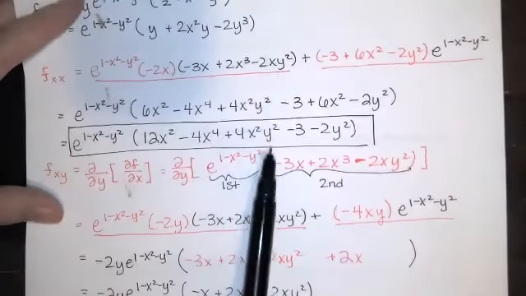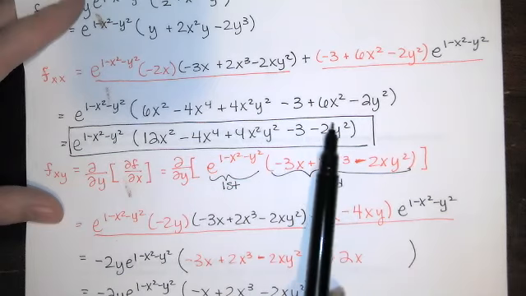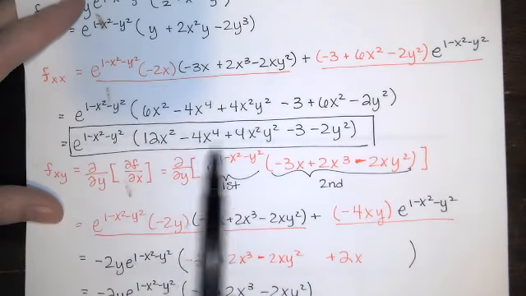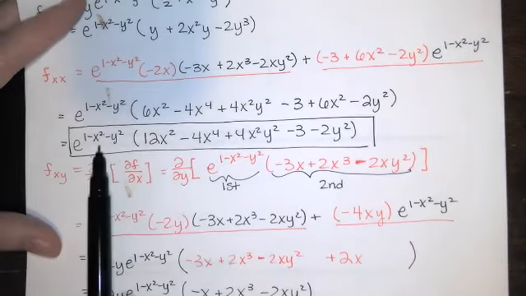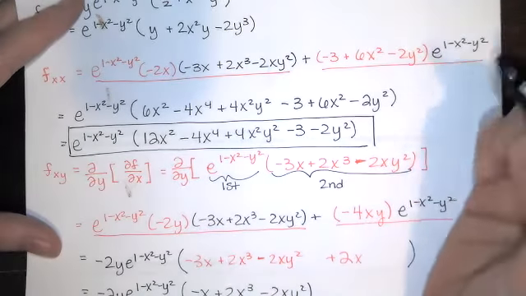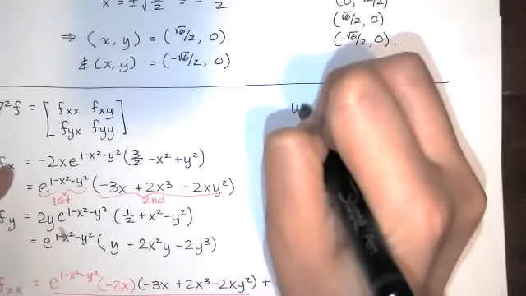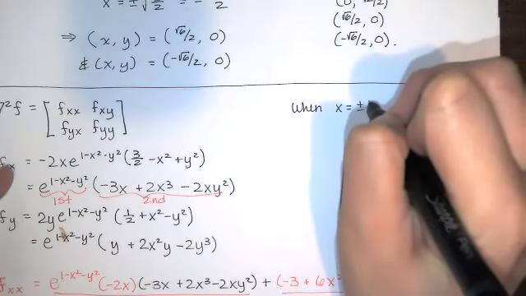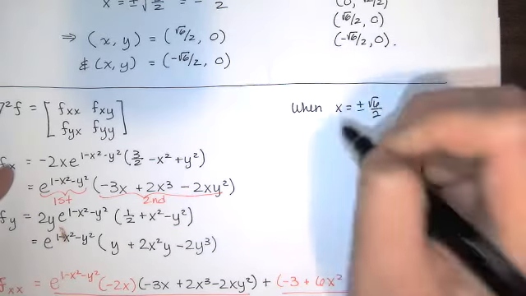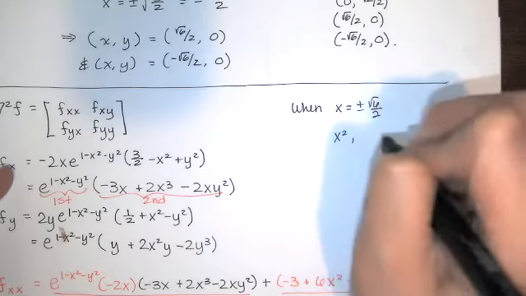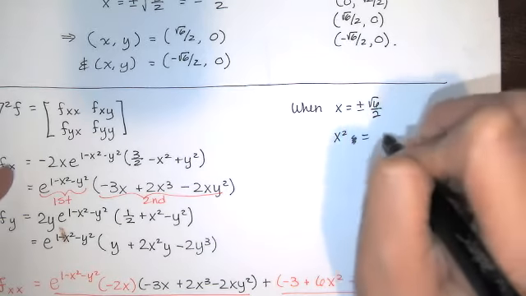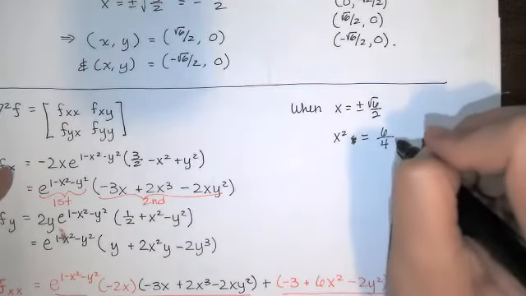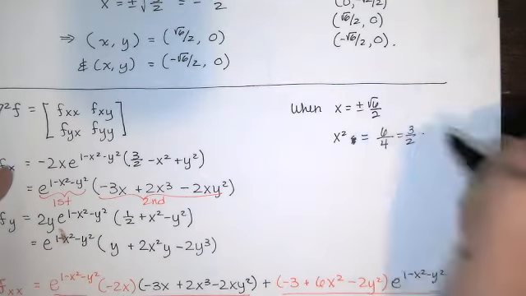When y is 0, this guy is gone, this guy is gone. And then we've got some x terms here. So let's figure out what x squared is. When x equals plus or minus square root of 6 over 2, when we square both sides, square the numerator, square the denominator, that reduces to 3 over 2.